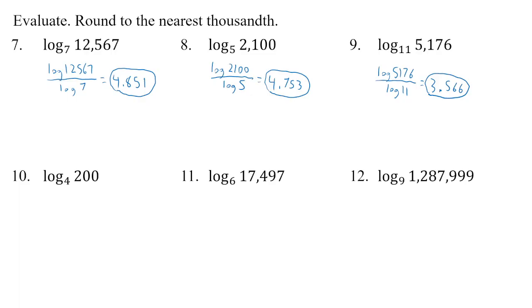Next, we have log base 4 of 200. So this is log of 200 over log of 4. Put this in the calculator. Hold on for a second, let me do this again. You would get 3.822.